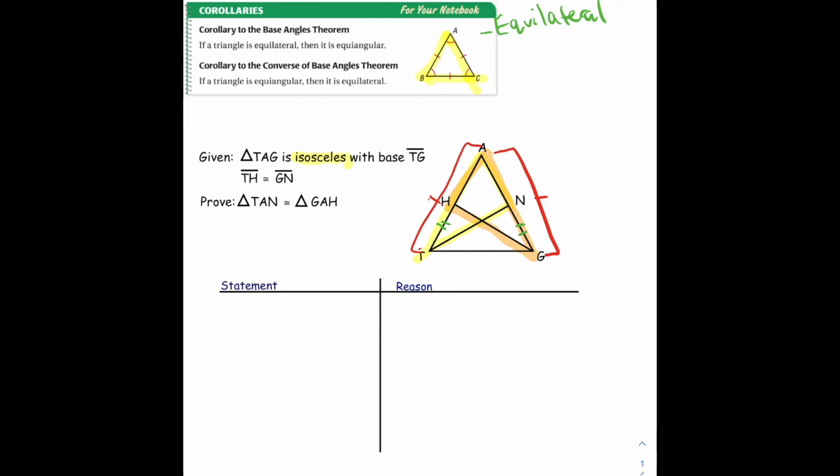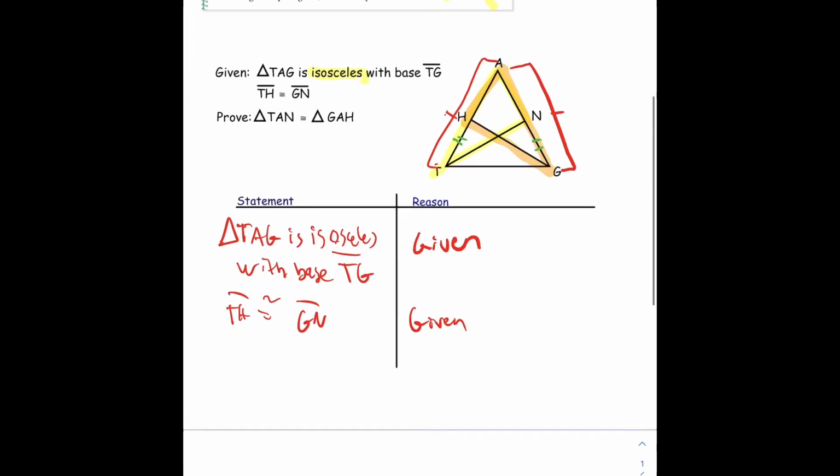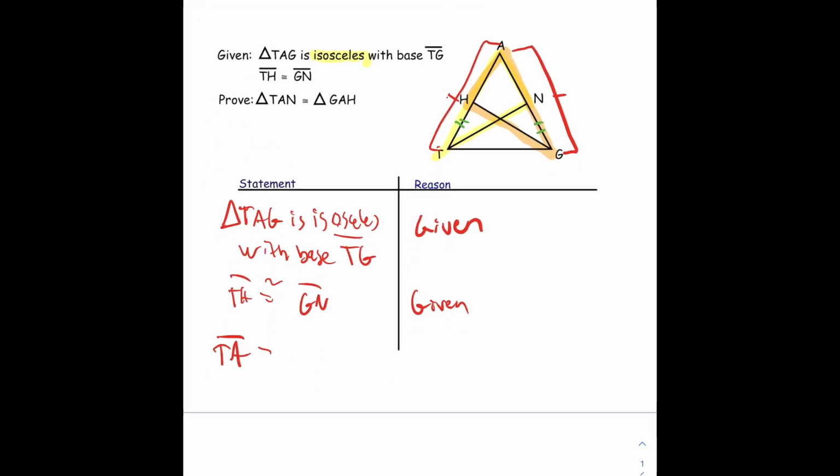Well, we should state that, so we'll state triangle TAG is isosceles with base TG, given, and then we'll just state this in case we need it. So I'm going to say that TA is congruent to GA, and that's by the definition of an isosceles triangle.